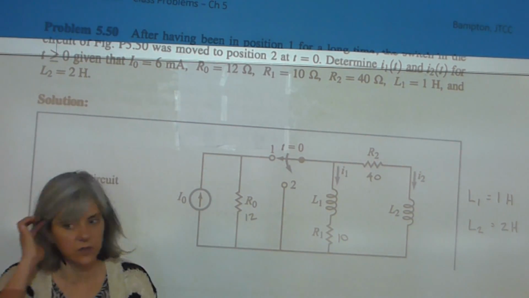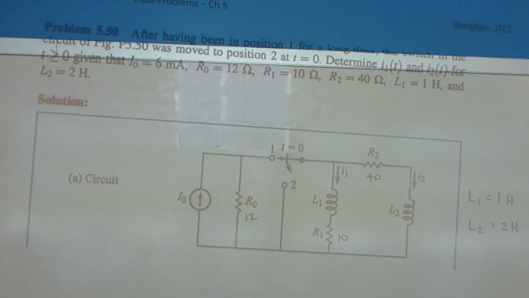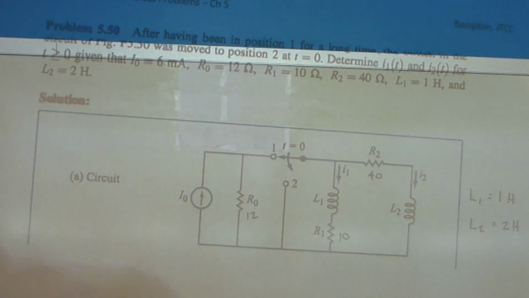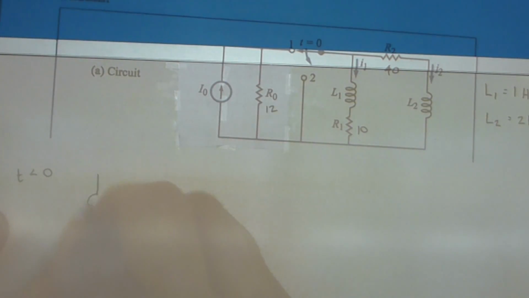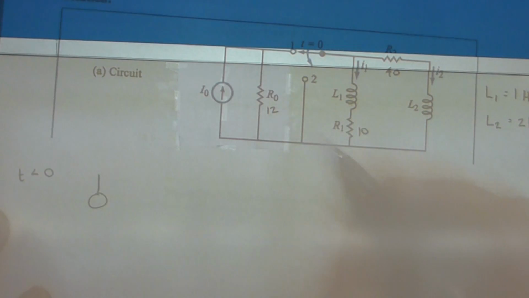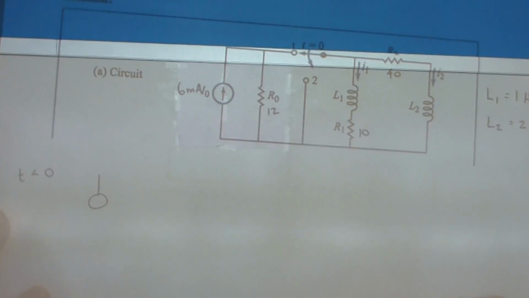So let's go ahead and draw our initial condition circuit. For t less than 0, we're going to have the following. Oh, and I didn't tell you, I is 6 milliamps.